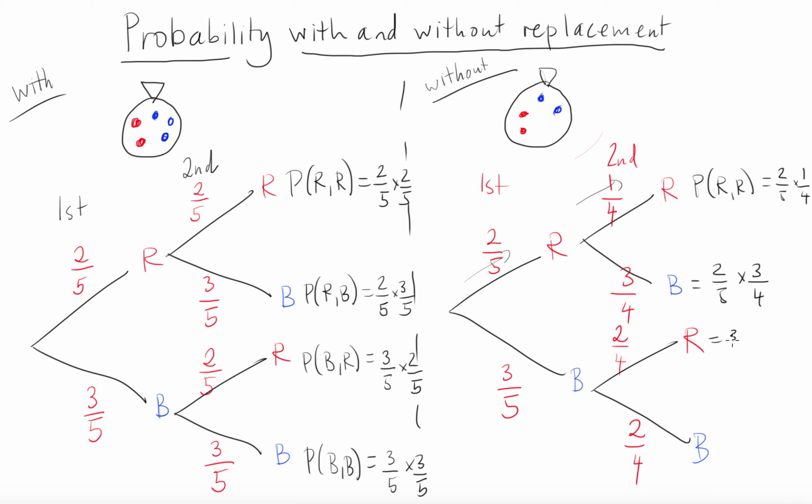This is going to be 3/5 times 2/4, which is a half, and this is going to be 3/5 times 2/4. So the important thing to note is without replacement, both the numbers of the individual balls change and the numbers of the totals change.